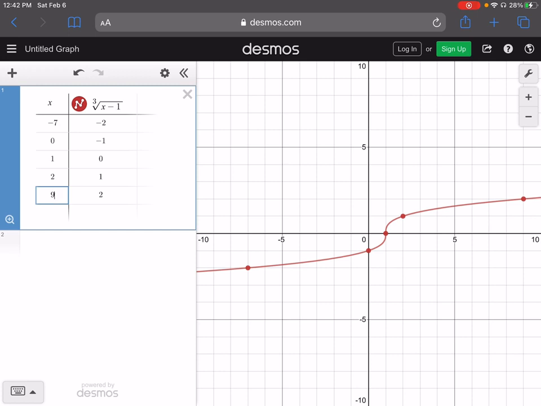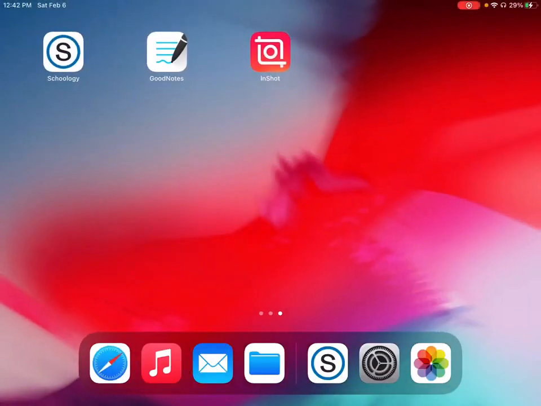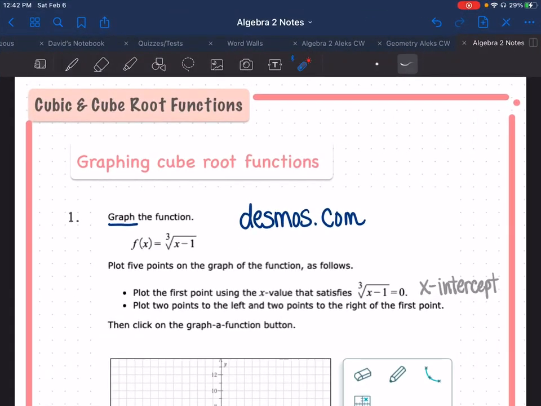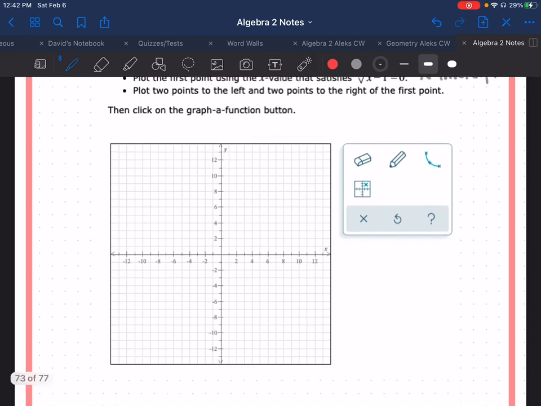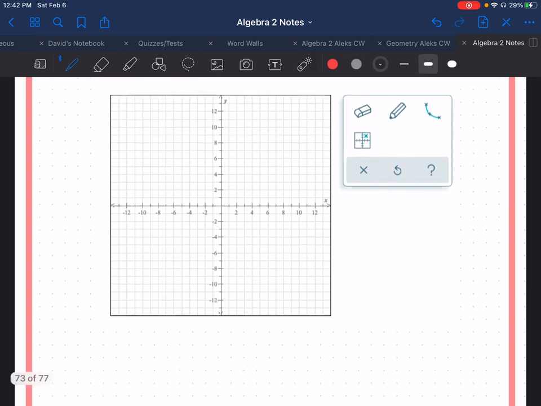So let's go back. Remember, if you want to see them as actual ordered pairs for plotting purposes in Alex, you can click on the points now in the graph and they will show you as the ordered pairs. Don't forget that Alex has this great feature right here that if you click on this button, you can put the ordered pair in and Alex will simply plot the point for you.